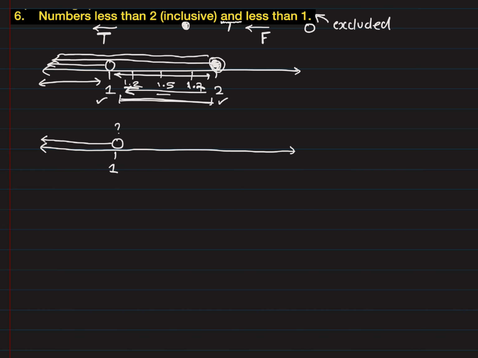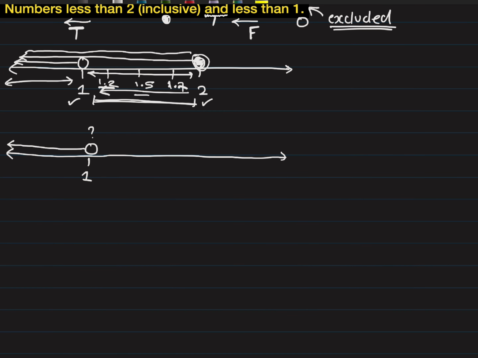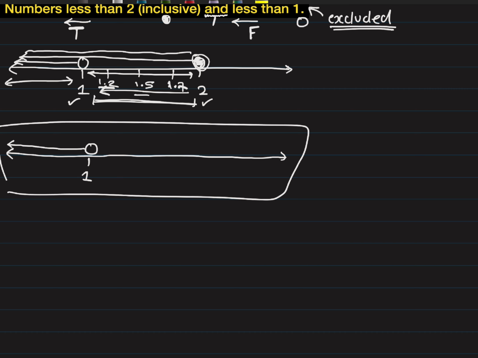And the reason it's not included is because both of these statements must be true. And the second statement says that 1 must be excluded. And because we require both of these statements to be true, over here, 1 must be excluded. So our final interval would look something like this.